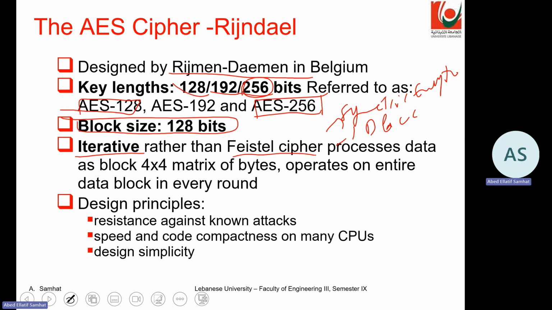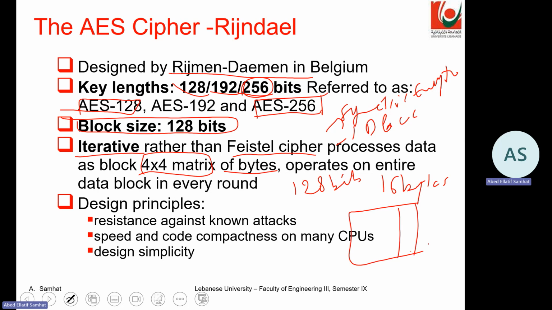We work on a 4x4 matrix of bytes. We have 128 bits, which means 16 bytes, and those 16 bytes are represented as a 4x4 matrix. This is the block of 128 bits.